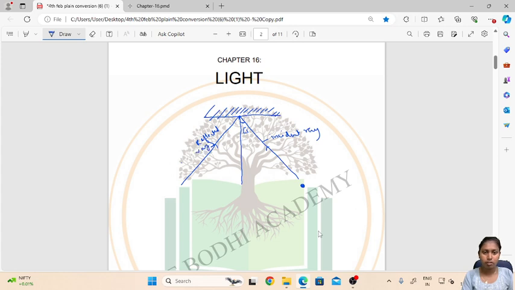This is the angle of reflection, and this one is the normal. It means that when the incident ray is reflected, touching the reflecting surface of a mirror, the point where both the angles deviate, this is the normal.